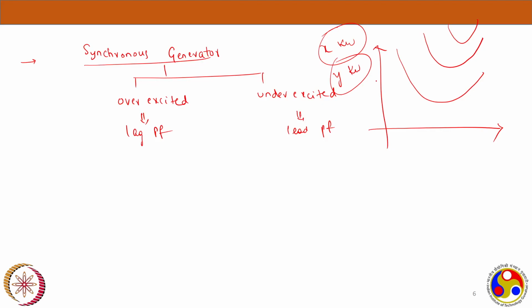Now, if you draw all the minimum points of armature current, those are all the unity power factor points. So this is the power curve P1, let's say for X kilowatts, and this is my P2, and this is my P3.